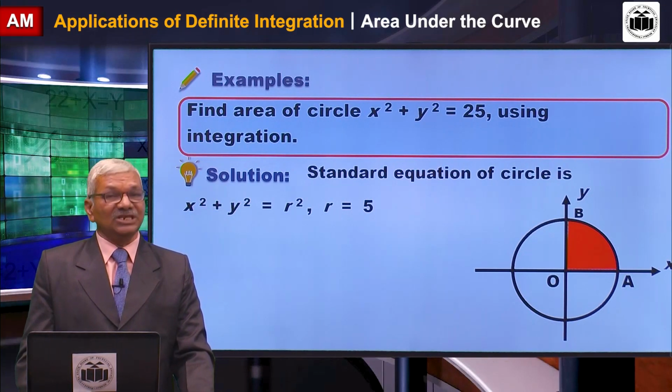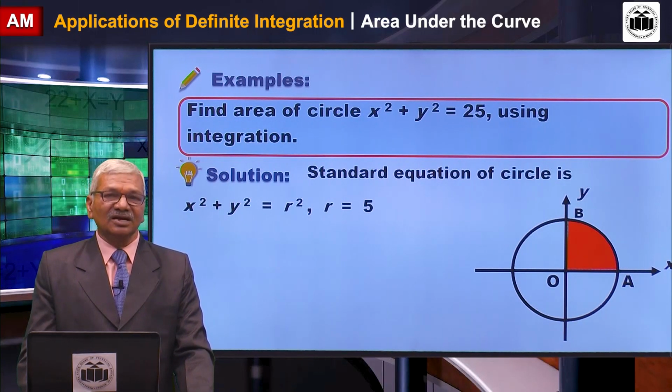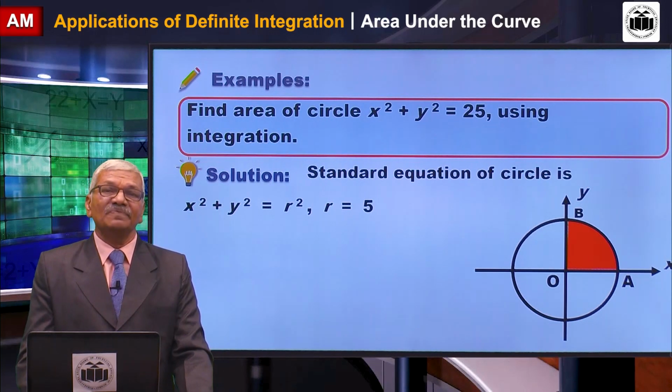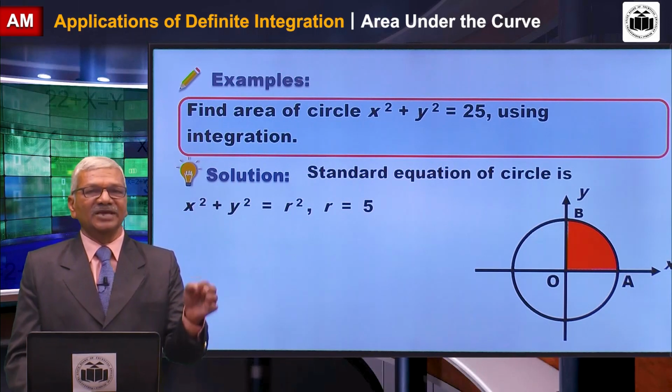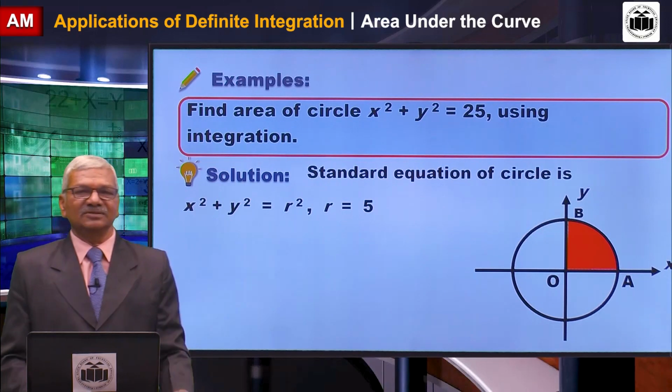Now, if you observe this diagram carefully, you will find that the circle is divided into 4 equal parts. How to decide this? See the powers of x and y. The rule says, if the power of x is even, the curve is symmetric about the y-axis.